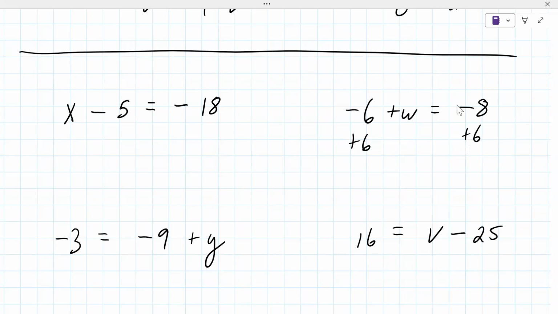Then 8 and 6, which is larger? 8. So take 8 and subtract 6. That's -2. So there's your answer. Now go ahead and work through each of these on your own. We're doing a bunch of practice here. It's important that you try them on your own first.